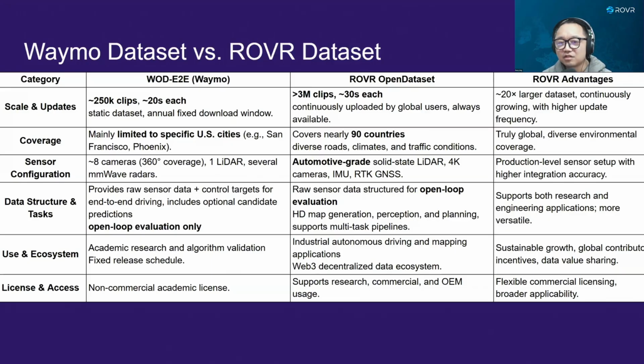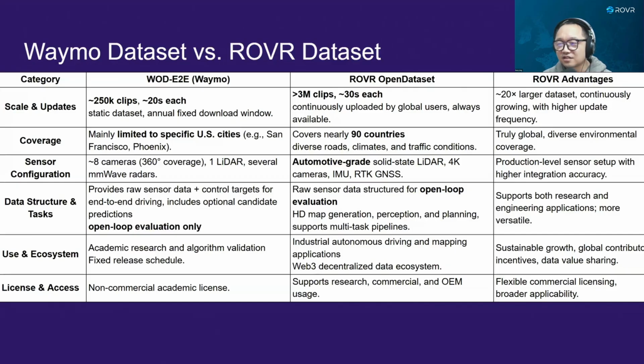But I think Rover data is very new, and we update at a much higher frequency, and that's one big difference. And of course, you can see other differences listed here.